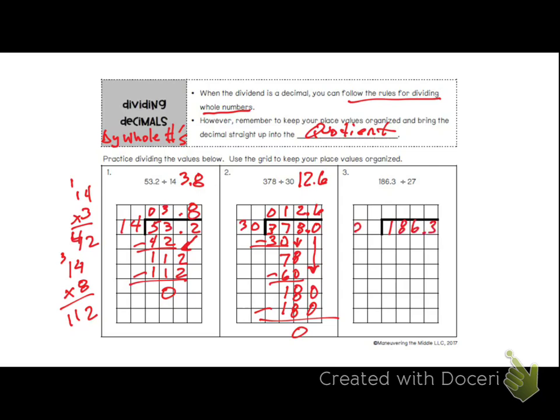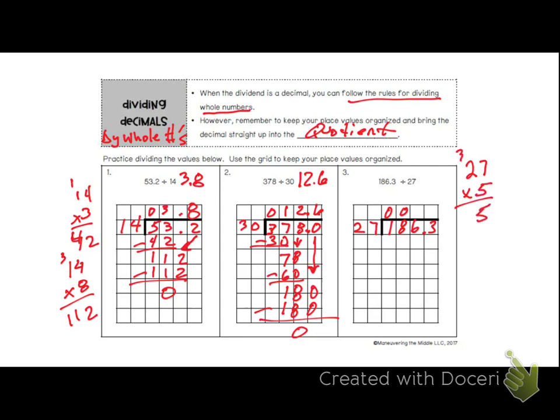All right, and the third one, 186.3 divided by 27. All right, 27 will not go into 1. 27 will not go into 18. But 27 will go into 186. I'm not sure what it's going to be, so I'm going to go over here and I need to multiply. Let's just do 5. 5 times 7 is 35.